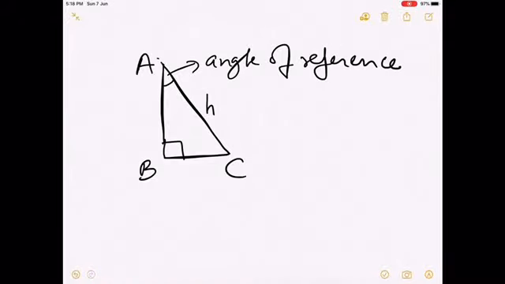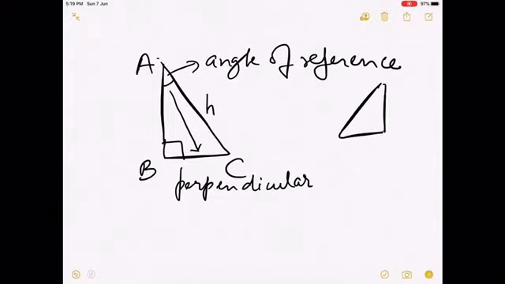Now if angle A is the angle of reference, then the side opposite to the angle of reference is known as perpendicular here. Now some of you may not agree with this with your present knowledge. You may be thinking that perpendicular is a side, that if I draw a triangle like this, then this side is known as perpendicular here. But that is not true.